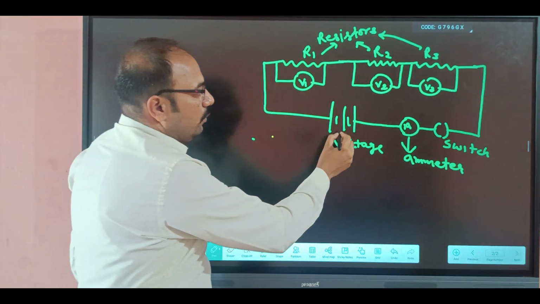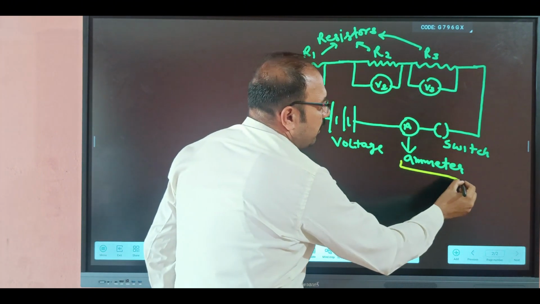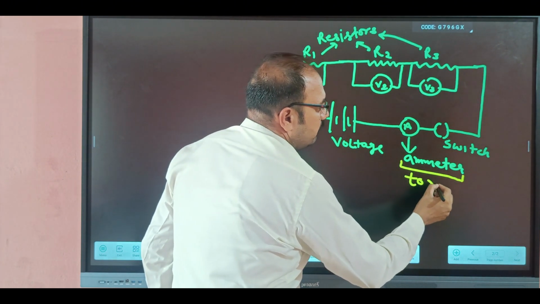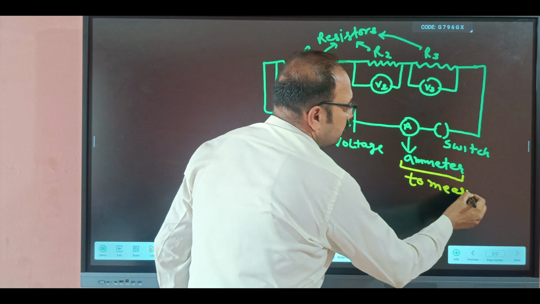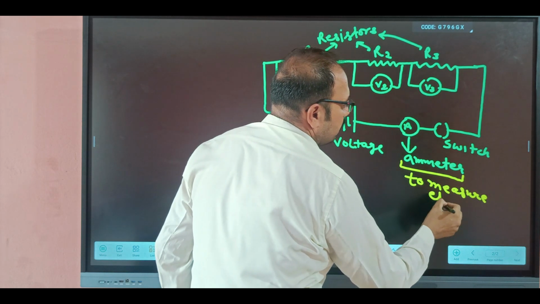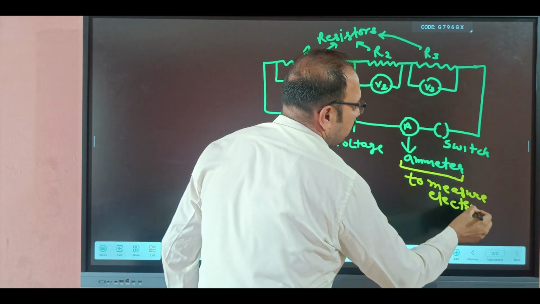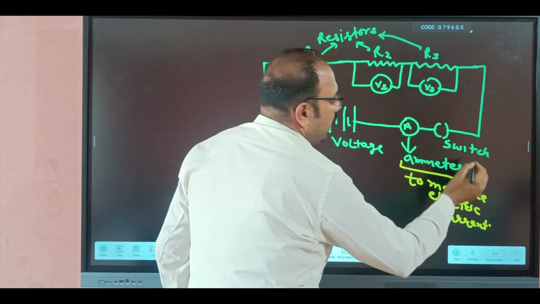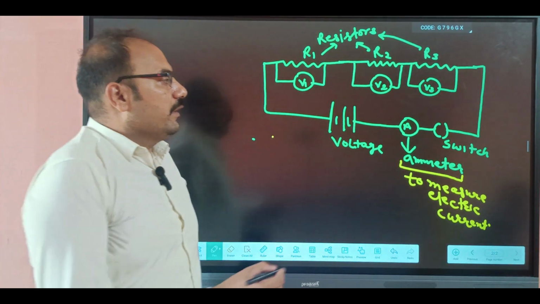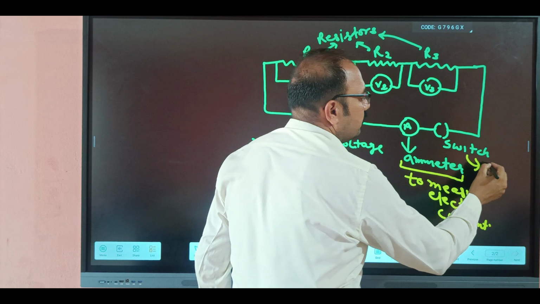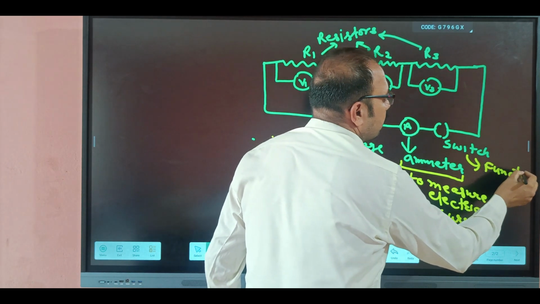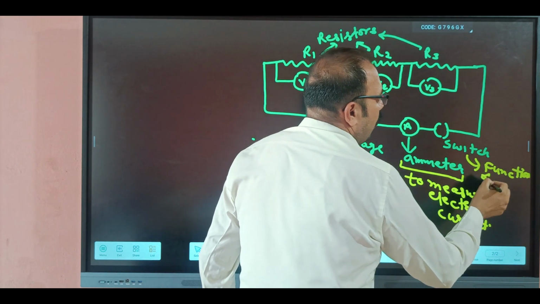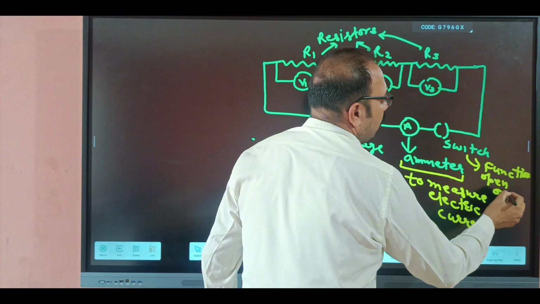So here, this is the ammeter to measure electric current, and the switch's function is to open or close the circuit.